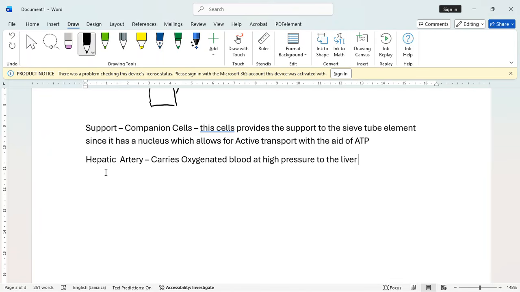It's coming all the way from the heart. I mean, compared to your body, it's further away. So it carries that oxygenated blood right from your aorta straight to the liver, and this is used for metabolic activities.